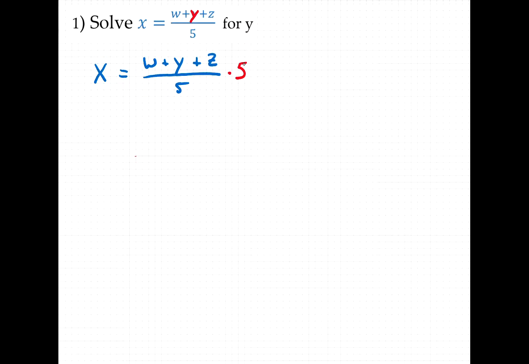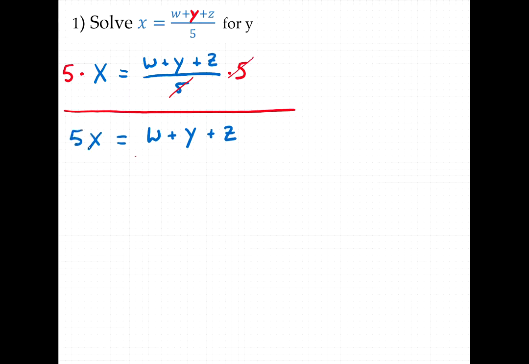And whatever we do to one side, we have to also do to the other side. So on the right-hand side, the times 5 and the divide by 5 will cancel. And on the right-hand side of the equal sign, we're left with w plus y plus z. And on the left, we have now 5 times x.